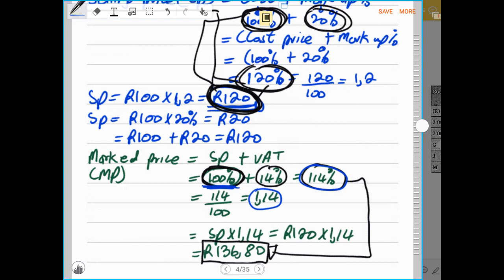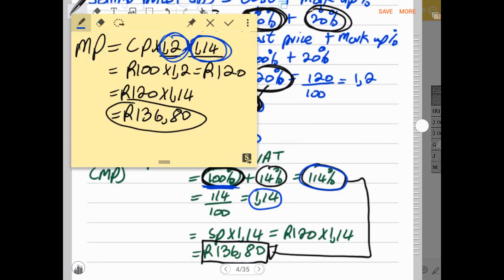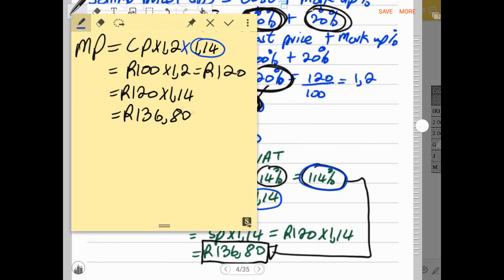As I have shown you in this table, we set cost price times by 1.2, and we times that by 1.14. So if we reverse, we just say divide that by 1.14.